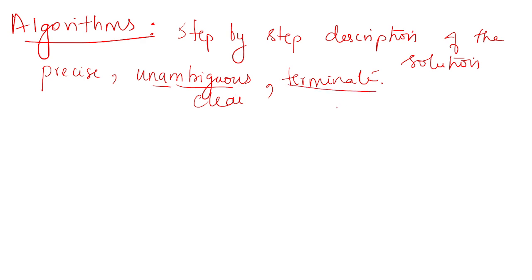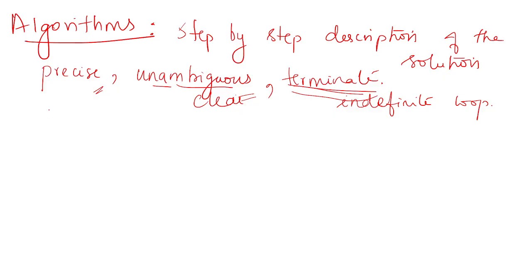It should not run in an indefinite loop. These are some of the properties we expect from the algorithms you write. It should be precise in solving the problem, it should be very clear, it should not have any ambiguous representation of the solution, and the solution should terminate.